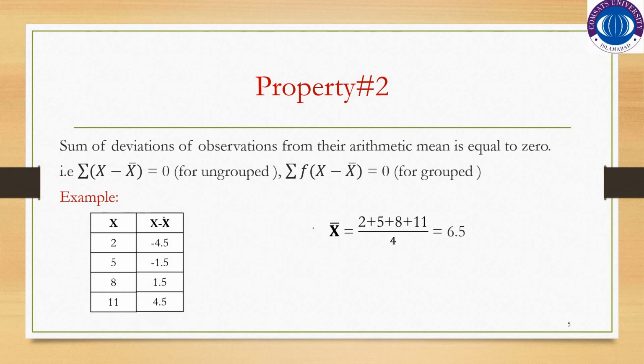And deviations will be like this: x minus x bar. How do we get minus 4.5? x is 2 and x bar is 6.5. We do 2 minus 6.5, that is equal to minus 4.5.